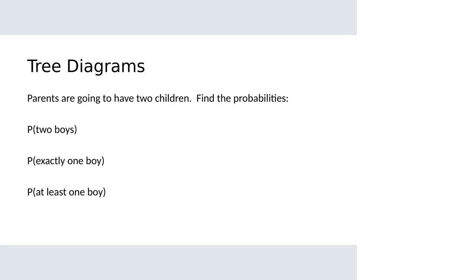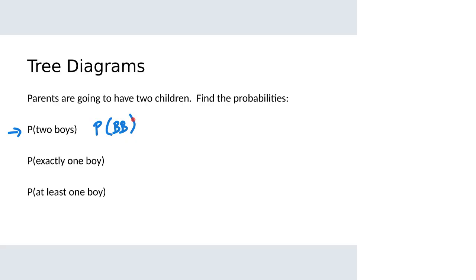Parents are going to have 2 children. Find the following probabilities. The first one we're asked for is what's the probability that they have 2 boys? So this is the probability of having boy followed by boy. If you're thinking, that looks like a single specific outcome to me, boy followed by boy, do I need a tree diagram for that one? Honestly, you don't.